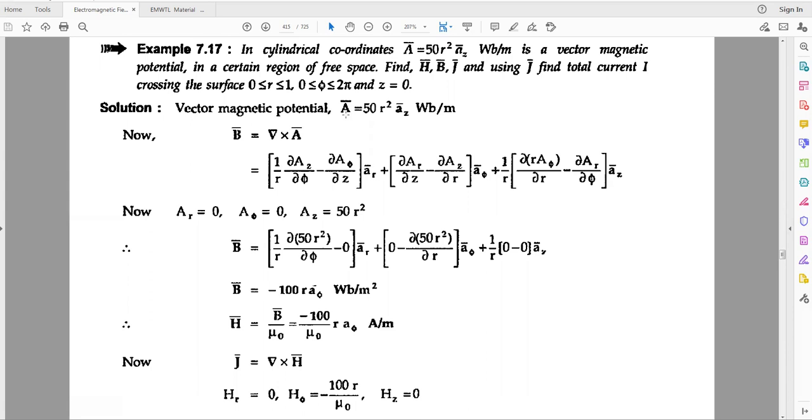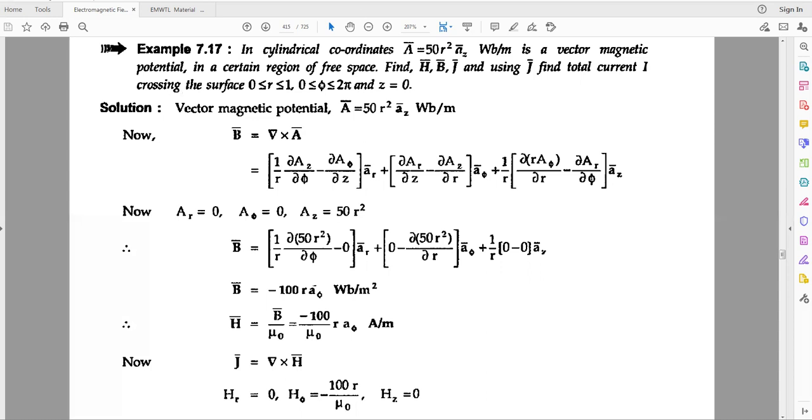A bar is equal to 5 R square AZ bar Weber per meter, a vector magnetic potential in a certain region of free space. Find H bar magnetic field, B bar magnetic flux density, J bar current density, and using J bar find the total current I also.